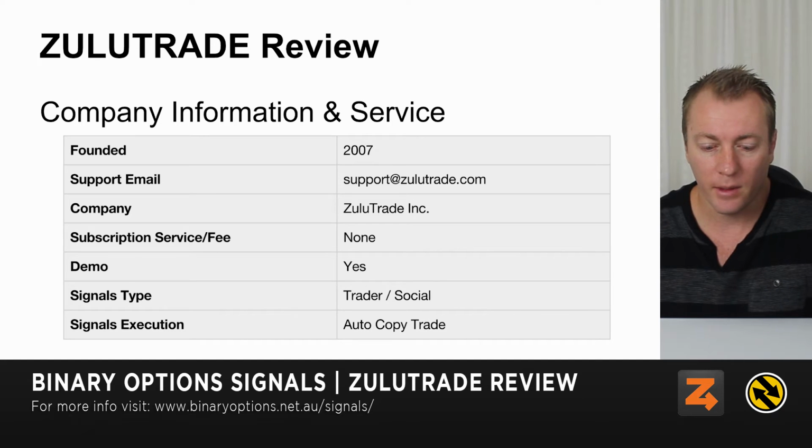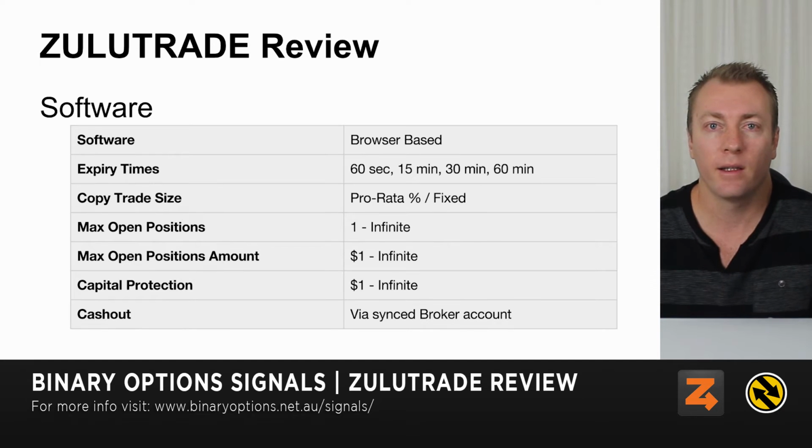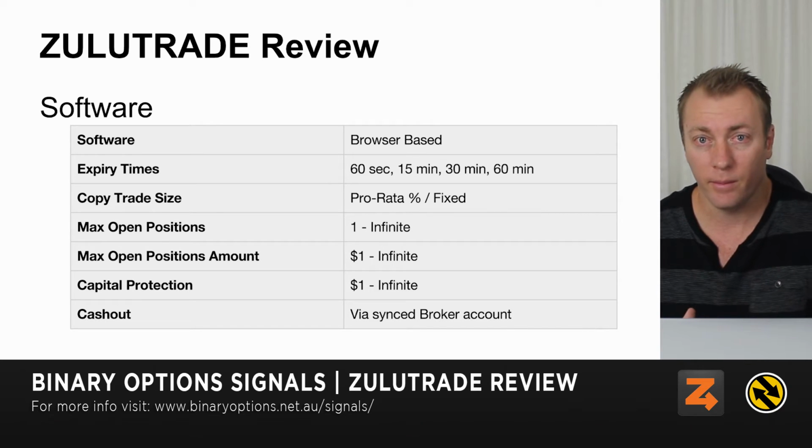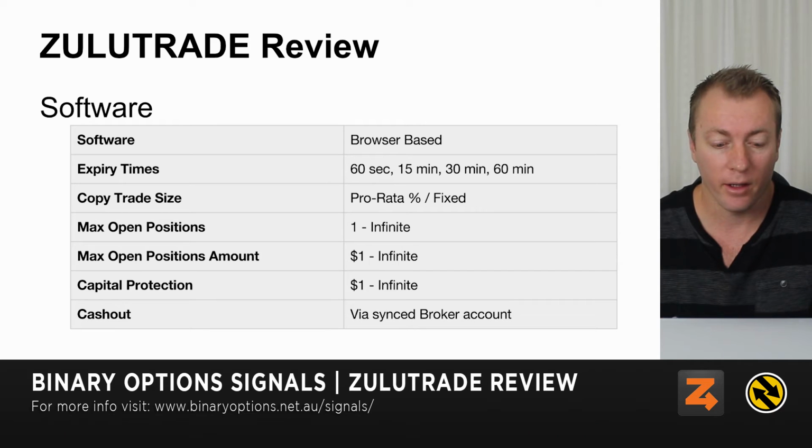So the signal types are social, or the traders. So you're basically following traders' signals. They would be entering their trades in manually in their own broker. Then that gets posted into the Zulutrade trade wall. And then if you're following that particular trader and copying them, then that trade will get executed in the background, which goes on to the signal execution part, which is just mirrored in the background.